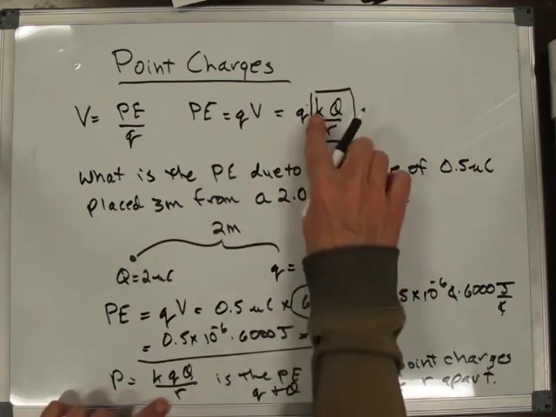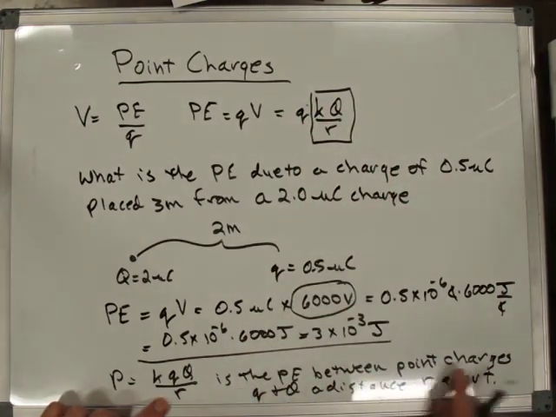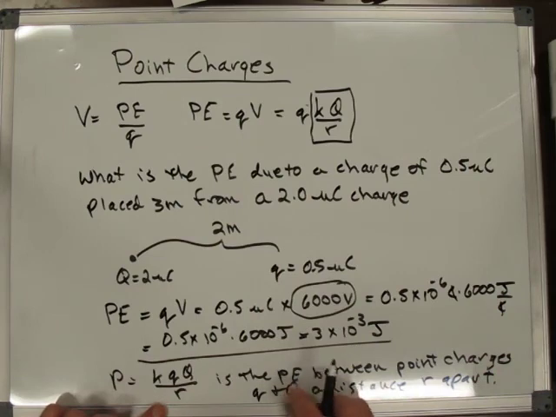I've just switched the k and the Q. I can multiply or divide things in any order. This is the potential energy between point charges, little q and big Q, or any 2 point charges that are a distance r apart.